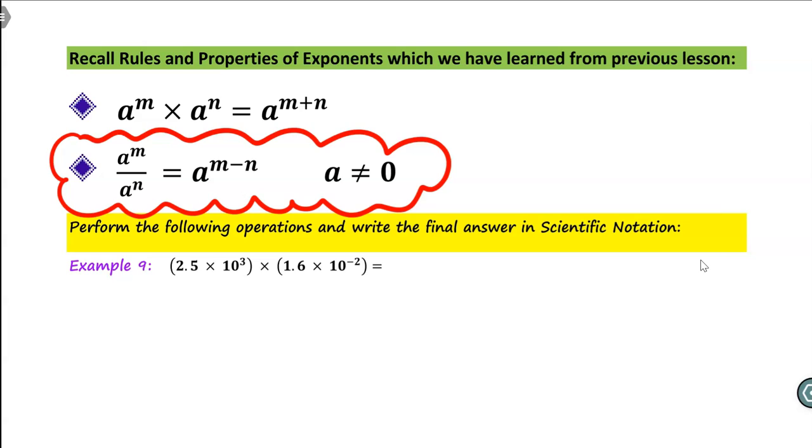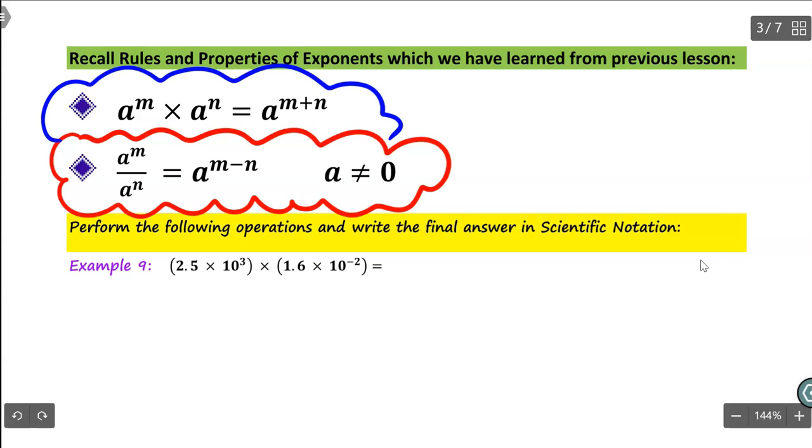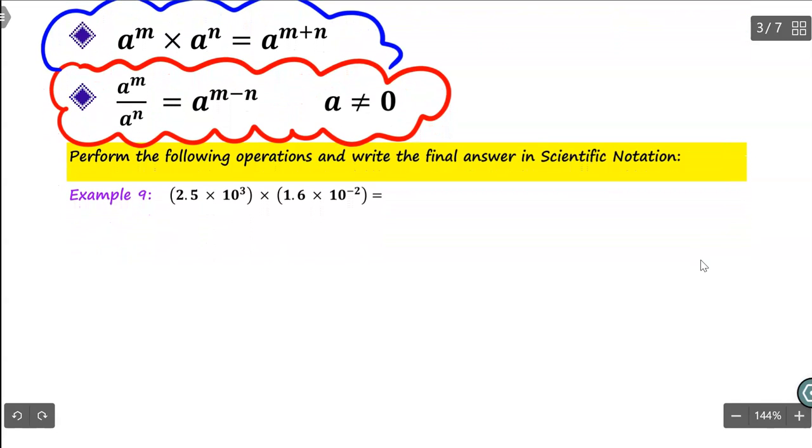Before we do that, we will have to work with multiplying these two scientific notation numbers. So a few steps here. First of all, I would like you to take 2.5 and multiply that with 1.6. In doing that, I will write the steps down for everyone. Then I will put this together.